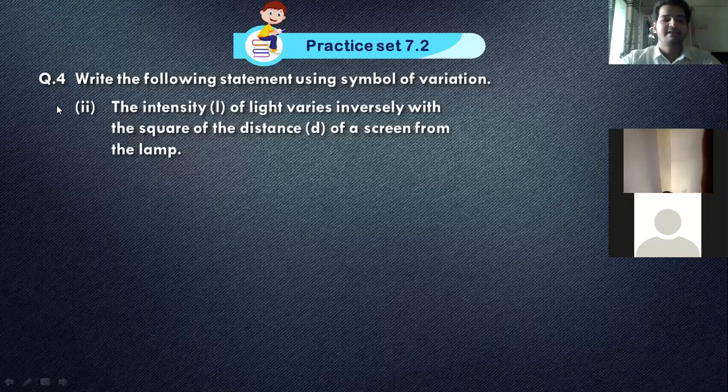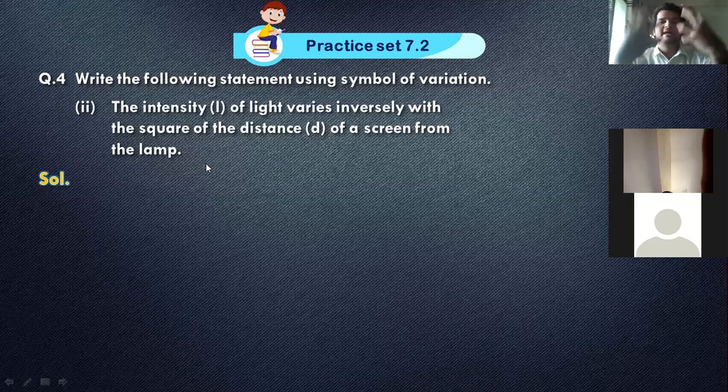The intensity I of the light varies inversely with the square of the distance d of a screen from the lamp. Again, we have to write the variation. So intensity of light means what? In simple words, the total brightness of the light. As we all know, जैसे जैसे आप लाइट से दूर जाते हो, वैसे वैसे जो लाइट का इंटेंसिटी है, जो इफेक्ट है लाइट का, it will reduce, right?